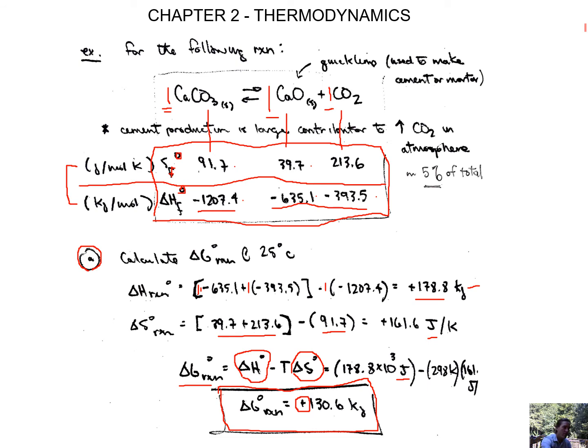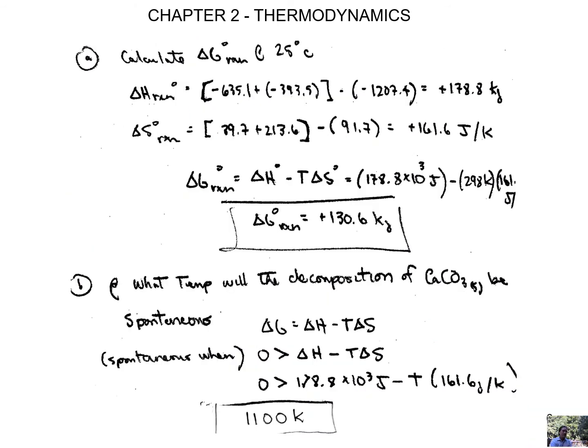So the second part of this problem down here, part B, it asks, at what temperature will the decomposition of calcium carbonate become spontaneous? Well, we know that that would happen when delta G becomes a negative value. So we want this part of the equation to be less than 0.